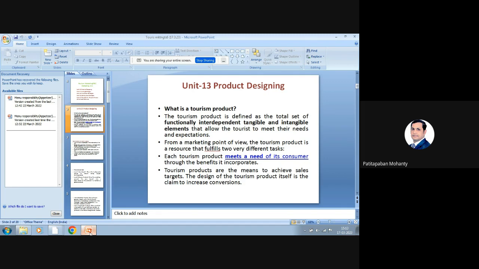Product always gives a benefit to the consumer, the tourist, the traveler, or visitor. A product has different attributes which attract people towards a particular location or destination. And a product has some values.